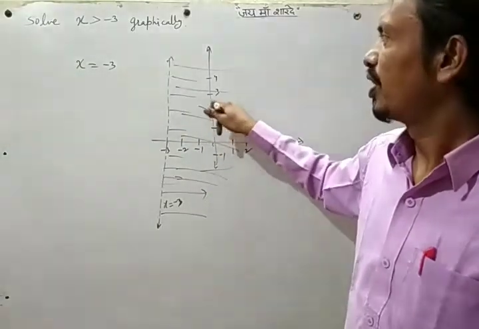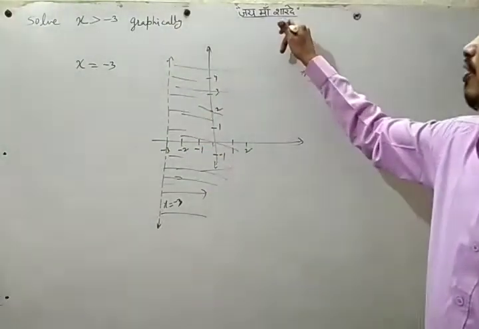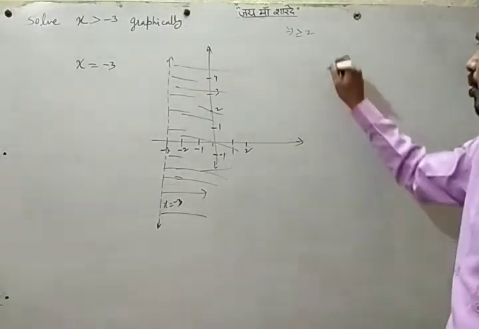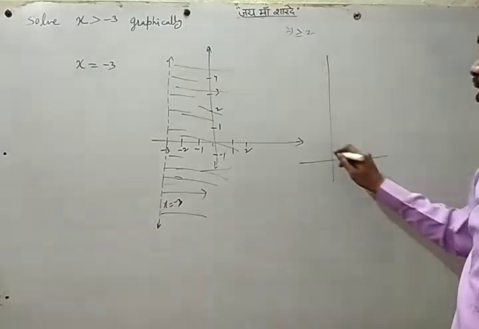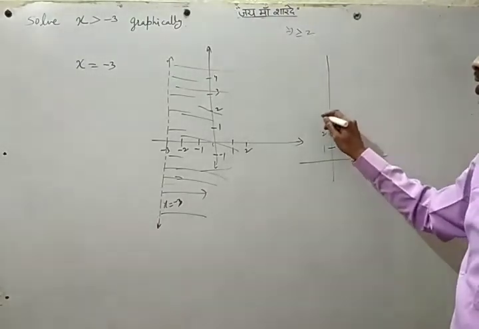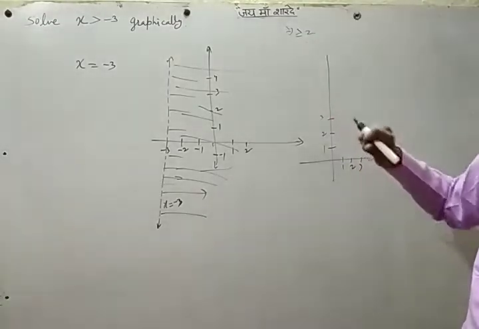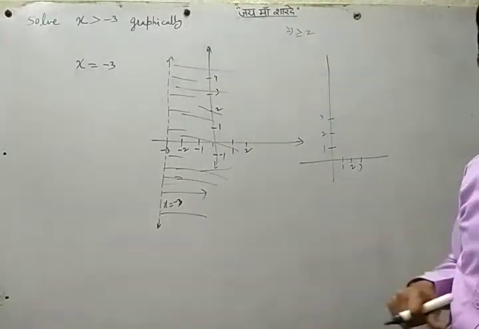So for having only one variable, suppose we have only y more than or equal to 2. Its graph will be, now x is missing, so the line is parallel to the x-axis.